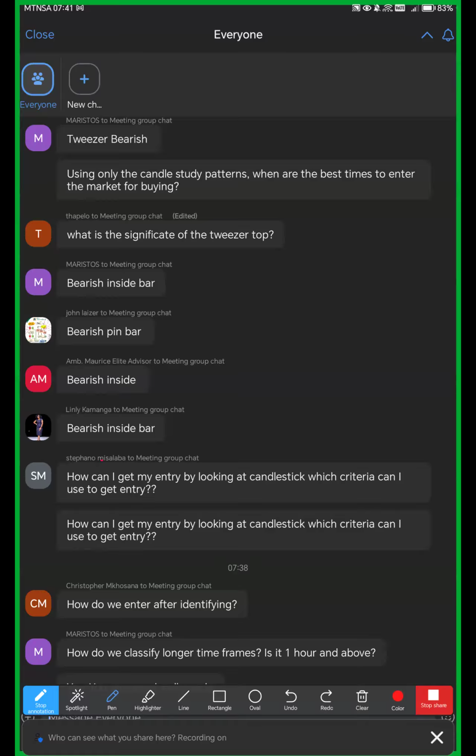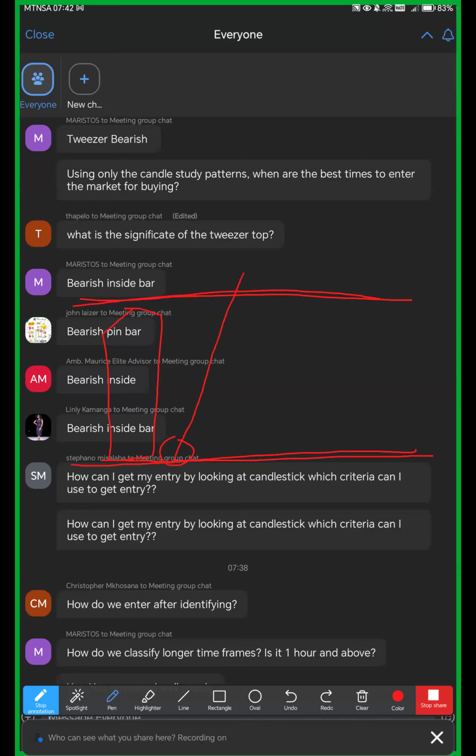We are going to learn how to draw these lines. If a candle develops this way, you draw your line here, and your line here. You want to monitor if a candle starts growing from here, how far is it going to go? Sometimes the market will be moving within these two lines.